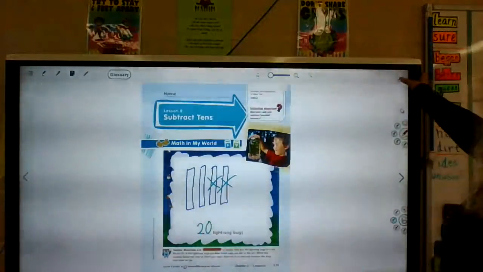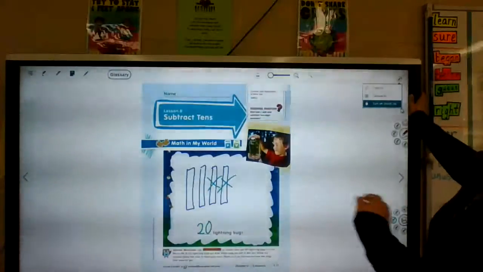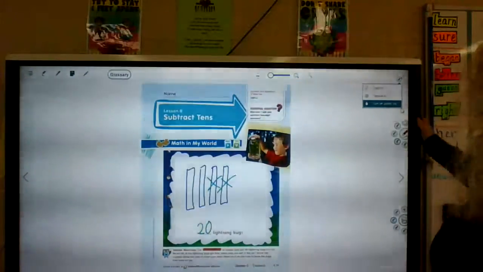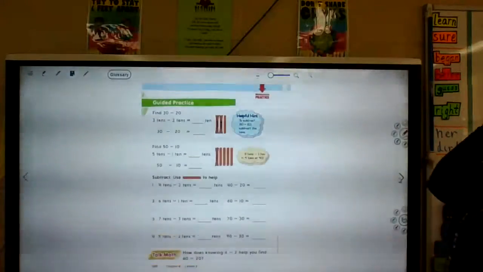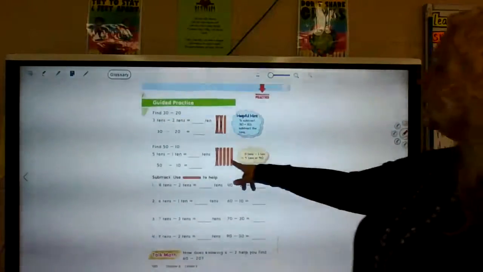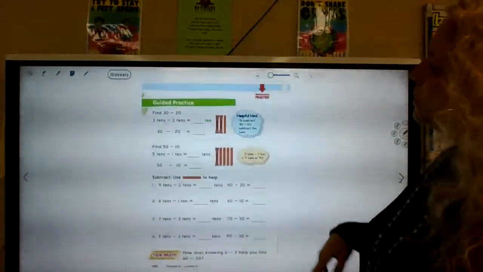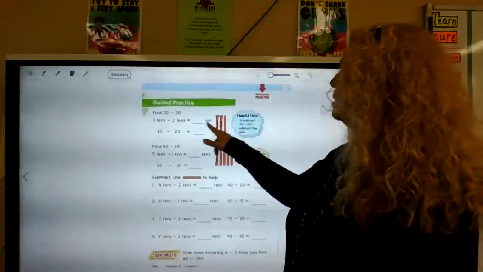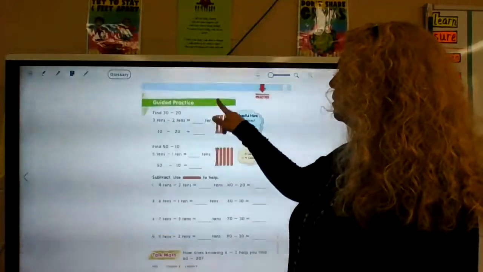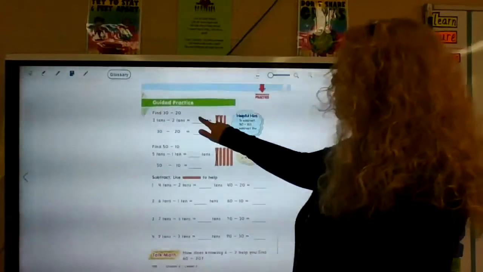Okay. All right, let's open, you probably don't have it stapled, so you just turn the page. If you have it stapled, open and flip it over. Okay, so they did like us. They're just crossing them off as they subtract them. So it says find 30 minus 20. Oh, we did that one. 3 tens minus 2 tens, so they cross them off, leaves 1 ten.